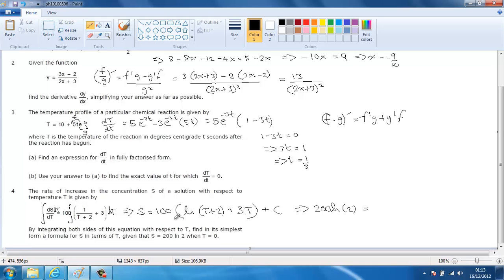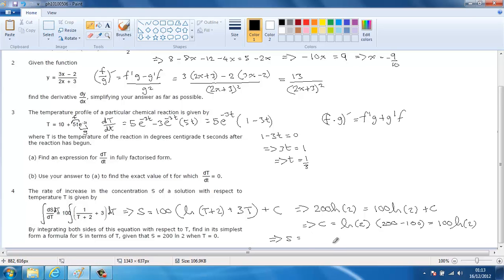And when t is 0, on the right hand side we're going to have, well, 3 times 0 is obviously 0, so we're going to have 100 natural log of 2 plus c, and therefore c is equal to natural log of 2 times 200 minus 100, which is just 100 natural log of 2.